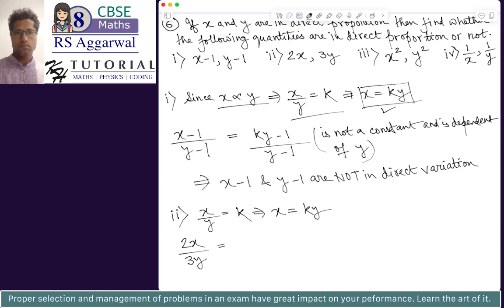Now from this, 2x can be written with the value of x as ky, from the fact that x and y are in direct variation and x by y is equal to k, where k is some constant. So we can substitute x as ky, and we have 3y in the denominator. Now the y gets cancelled out and we have 2k by 3. This is equal to k1, a constant.